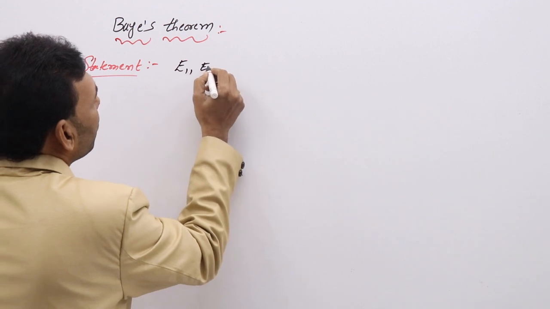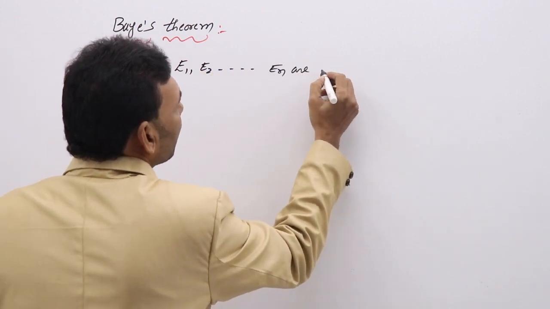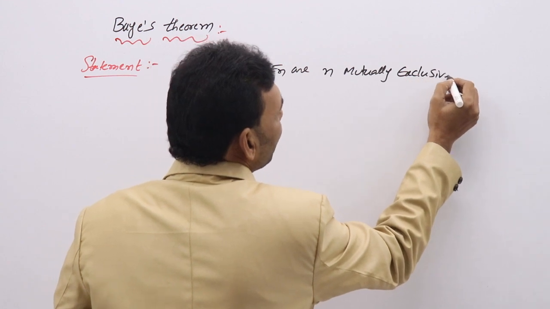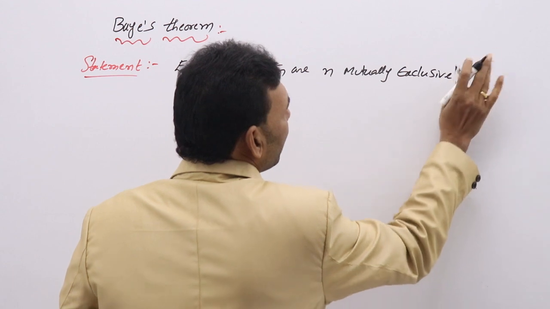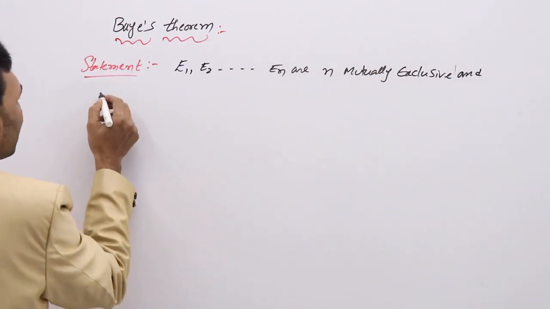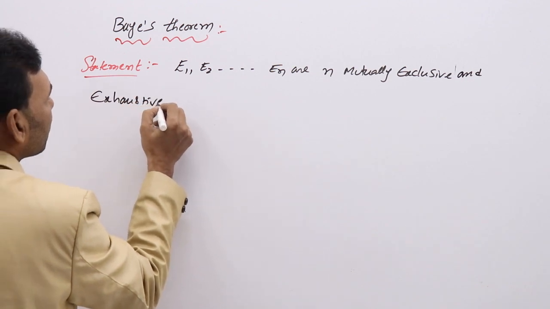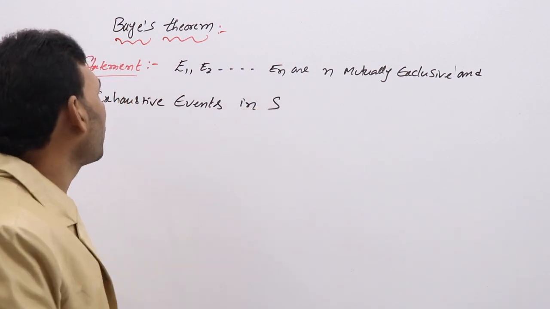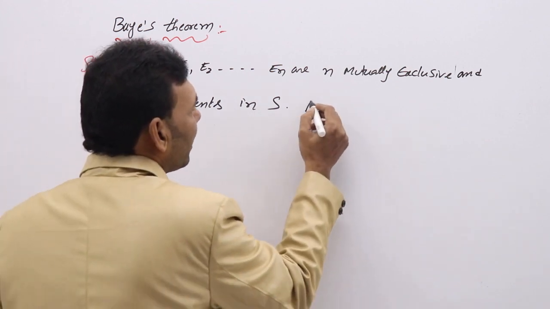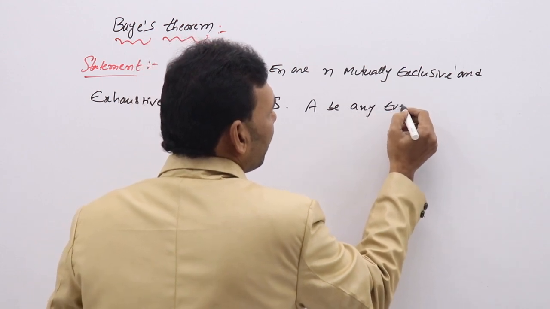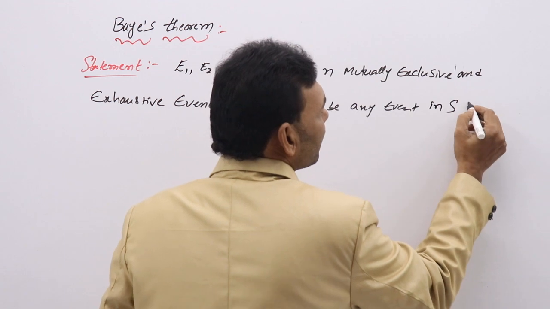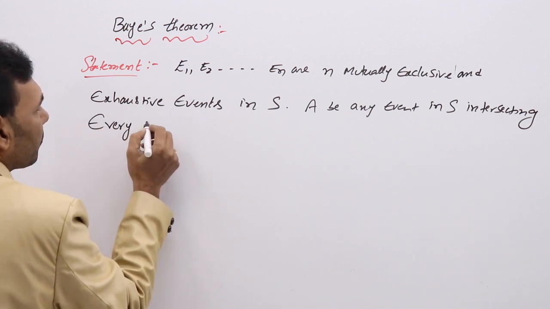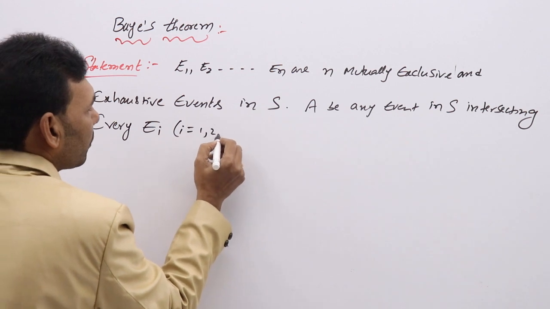E1, E2, so on, En are n mutually exclusive and exhaustive events in a sample space S, and A, any event in S, intersecting every event, that means Ei for i equal to 1, 2, so on, n.